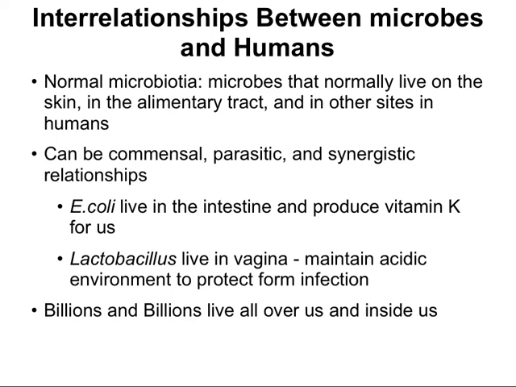That acidic environment prevents other microorganisms from inhabiting there and creating an infection. So keep in mind that there are literally billions and billions, if not trillions and trillions, of microorganisms living all over our surface, as well as throughout our insides, that are absolutely necessary for our survival.